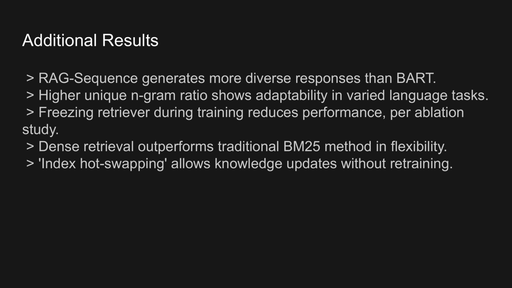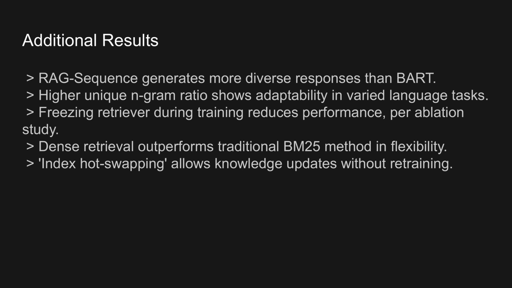Exactly. Additionally, they explored the concept of index hot swapping, which highlights a unique advantage of RAG's non-parametric memory. By swapping out the document index with a different Wikipedia dump, the model could adapt its knowledge without retraining, effectively updating its world knowledge base for time-sensitive tasks.